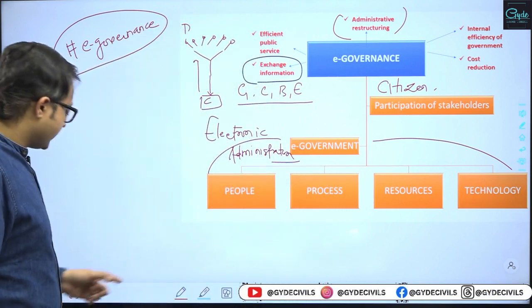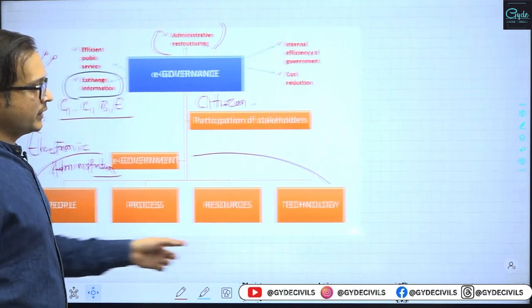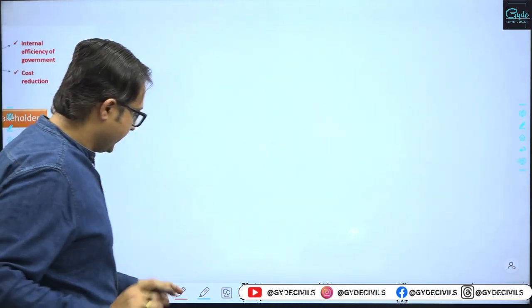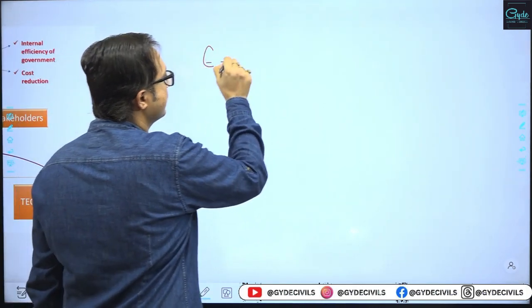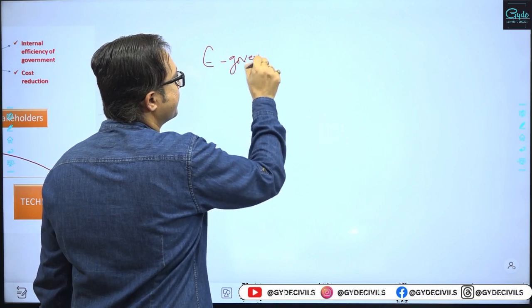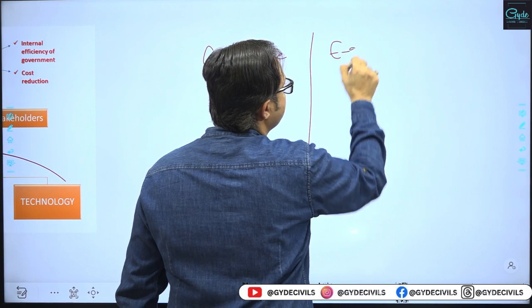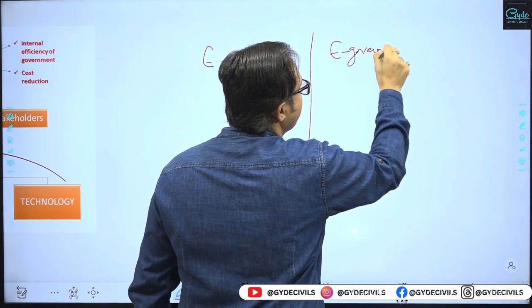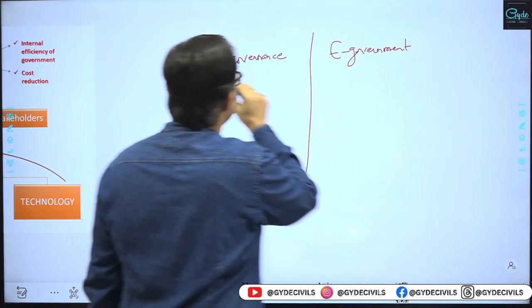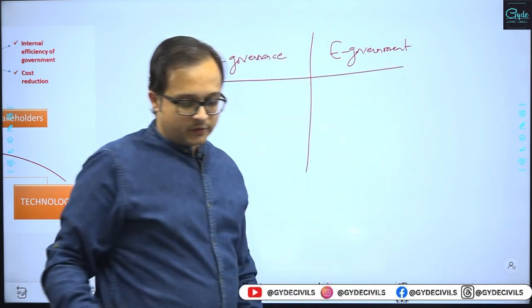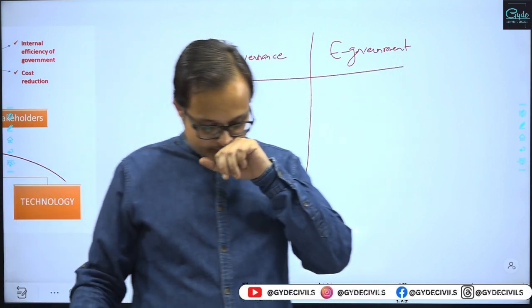When we try to understand this, there are peculiar differences that we can find between e-governance and e-government. What differences do we see when we say e-governance and e-government?